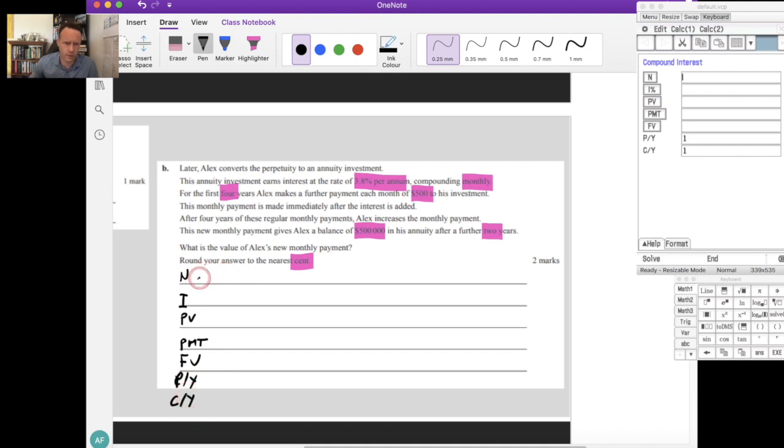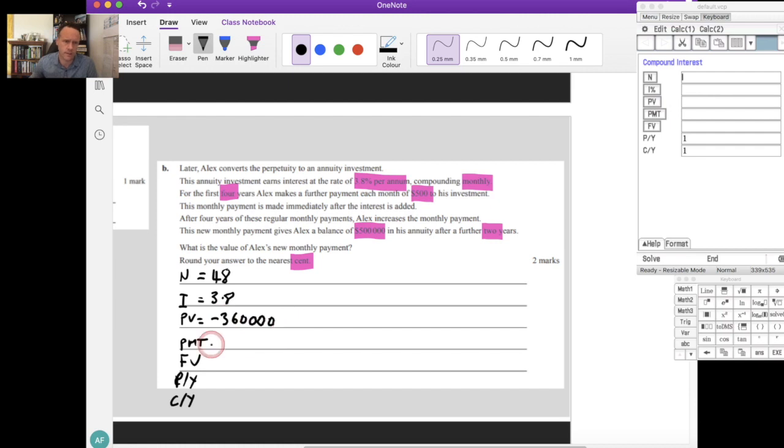Well, compounding monthly for the first 4 years, N is 48. So 4 years, 48 months. His interest during that time was 3.8%. His present value is 360,000, but he puts that in the bank, so it's negative 360,000. Remember, he's giving it to the bank.